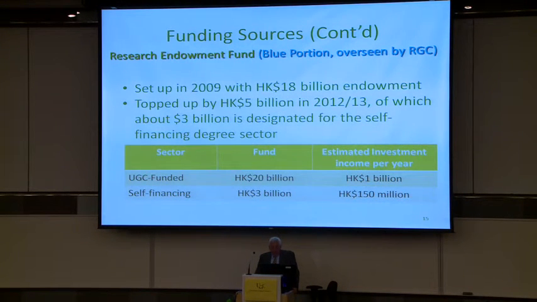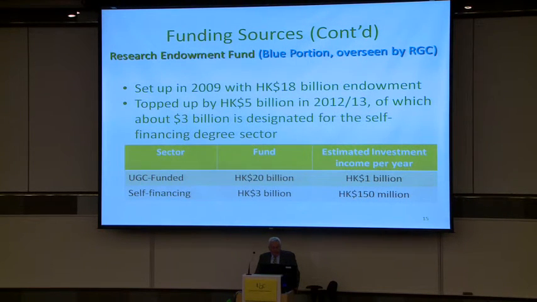So the Research Endowment Fund, which was the blue portion overseen by RGC, was set up in 2009 with an $18 billion endowment. It's been topped up since with a further $5 billion in 2012-13, of which about $3 billion is designated for the self-financing degree sector.